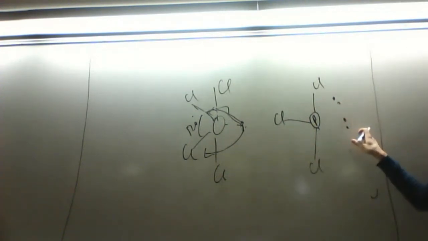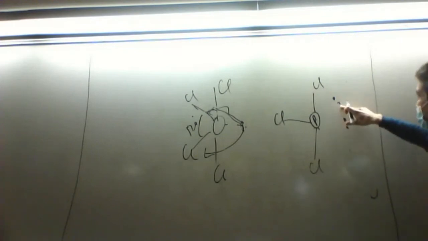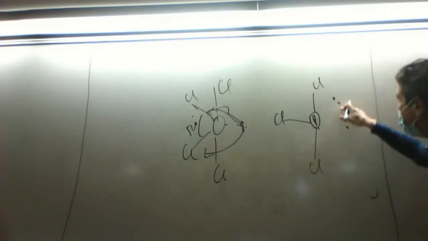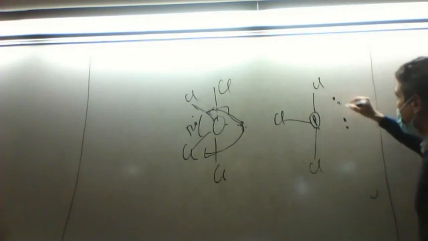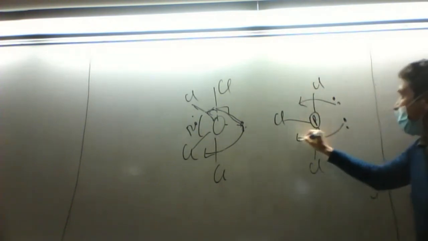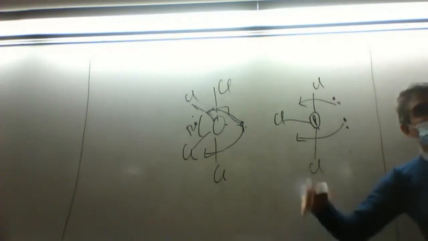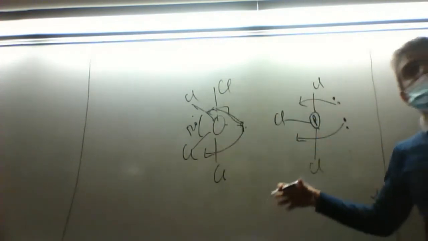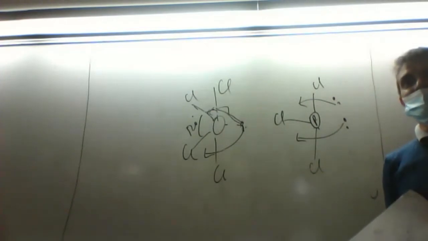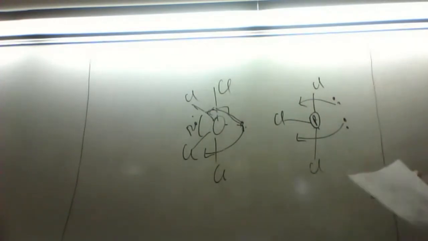Now this is even stronger. So this is going to push this one, and this one, and everything is pushed like this, and the shape is even more distorted. So when there are more electrons on the outside, they push too much and distort the shape. Yeah, good.